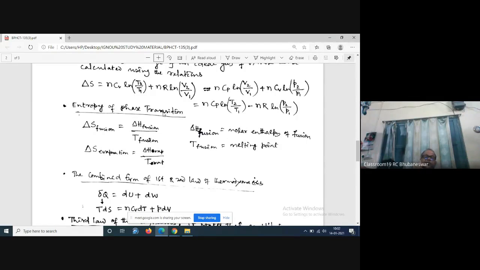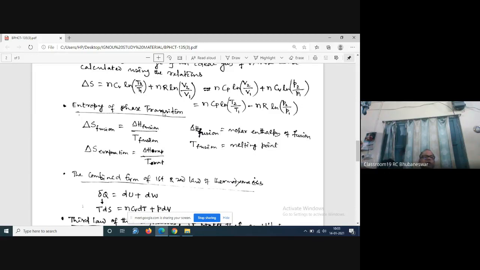Delta H fusion is the molar enthalpy of fusion, the total energy supplied for fusion. And T fusion is the melting point. Once the melting point is reached, the substance starts melting and the temperature doesn't change. When the phase transition takes place, there is no change in temperature during that time.